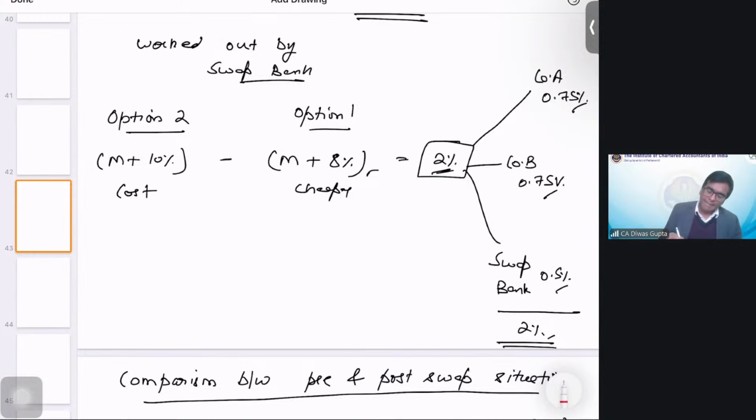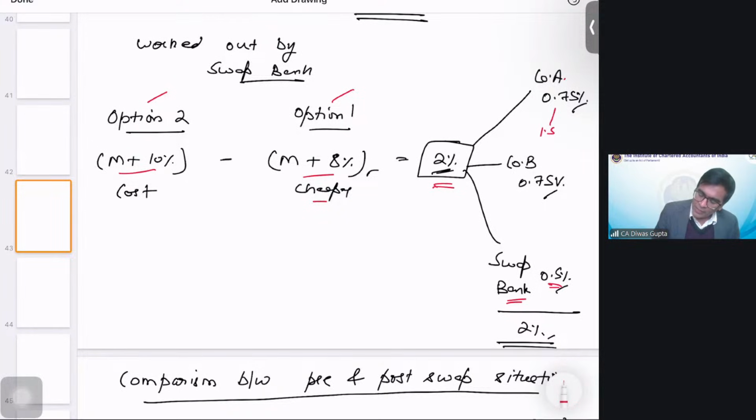Now see, option 2 was MIBOR plus 10%. Option 1 was MIBOR plus 8%, which is a cheaper option. So 2% there is a saving, students. Now if this 2% is a saving, this 2% has to be bifurcated between company A, company B, and swap bank. So swap bank is getting 0.5%, students, right? Let's say the swap bank is saying that I will get 0.5 percentage commission. So out of this 2%, 0.5 is given to swap bank, leaving 1.5.